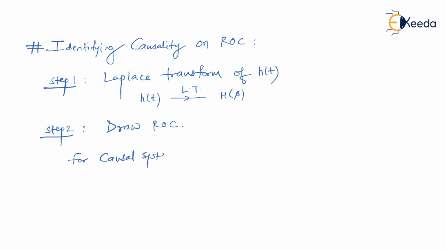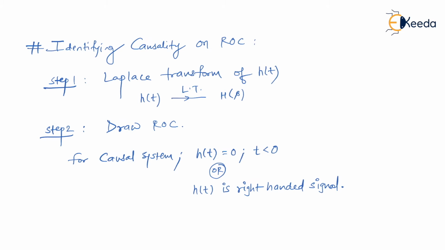We say that for a causal system, h of t is equal to 0 for t less than 0, or I can say that h of t is a right-handed signal. We know that for a signal which is right-handed in the time domain, if you take its Laplace transform and plot its ROC, then you find that the ROC is also right-handed. Am I right?